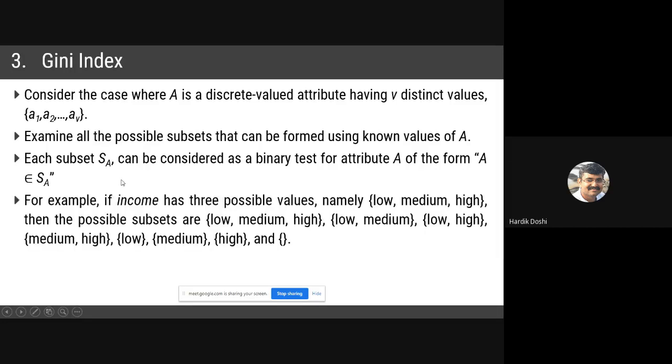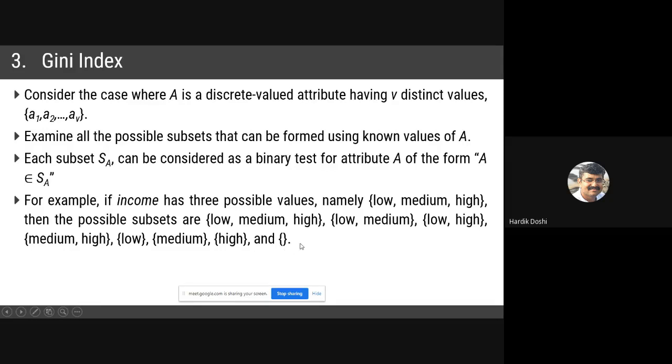Let's see how. For example, if the income attribute has 3 possible values, low, medium, and high, then the possible subsets are: low, medium, high, the first set, which we term the superset; low, medium, the second subset; low, high, the third subset; medium, high; and so on, including low, medium, high, and the empty set.